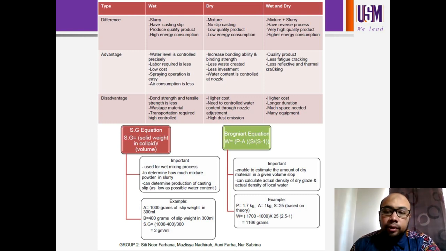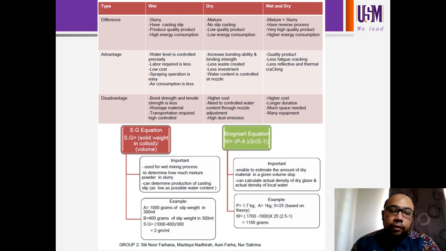For the dry-wet mixing process, of course, the more complex the process, the higher quality product you get. The advantage is that you can get a more homogeneous, higher quality product, but in return, you need to invest more money to get that kind of process.